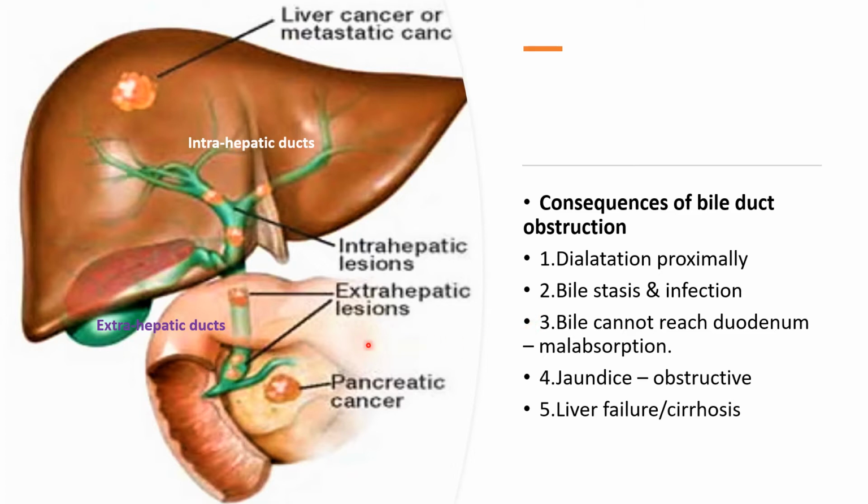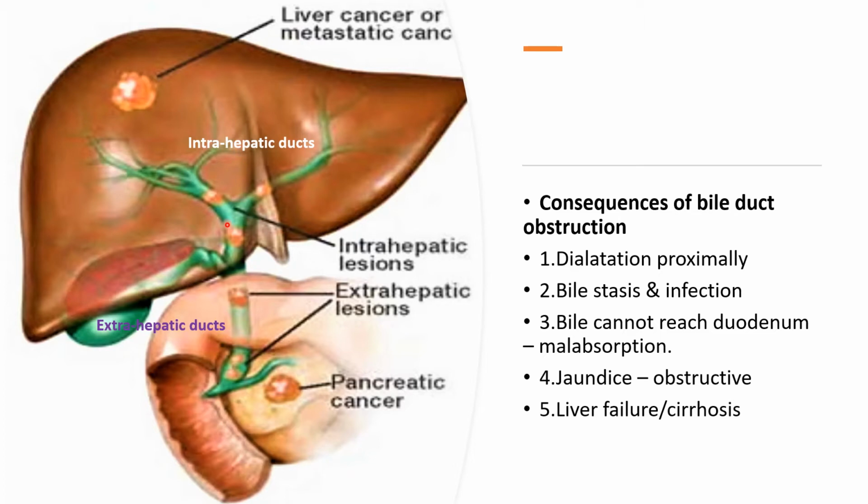The next possibility is that the bile that drains from the liver to the intestine is blocked, and therefore the bile does not reach the small intestine where digestion takes place. As a result, there can be some degree of malabsorption, especially of the fat-soluble vitamins and substances.